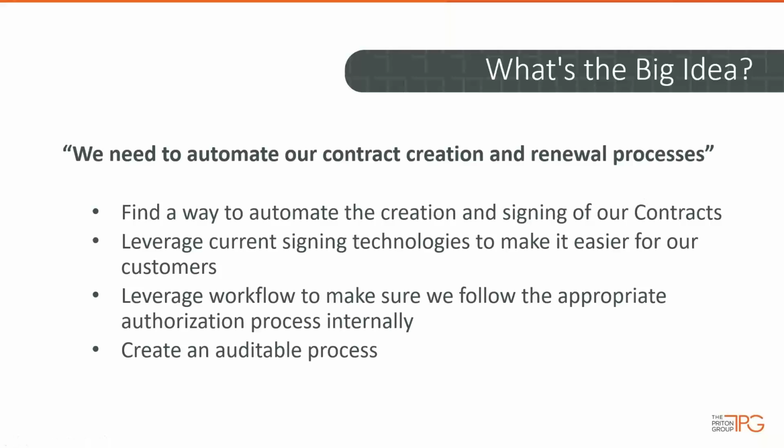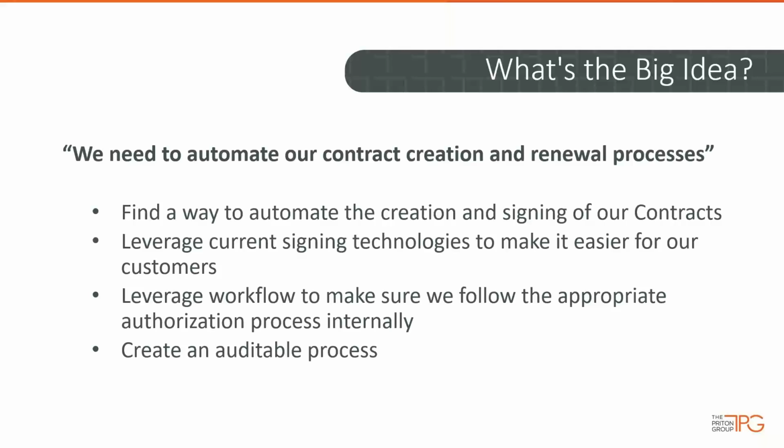First of all, we heard that we need to find a way to automate the creation and signing of the contracts instead of having it be a manual process all the time for creation and distribution. We need to automate that. We need to try to leverage the current signing technologies, the digital signatures, because that's the wave of the future, especially with the times that we've been in with the distributed work environments and the distributed relationships with our clients.